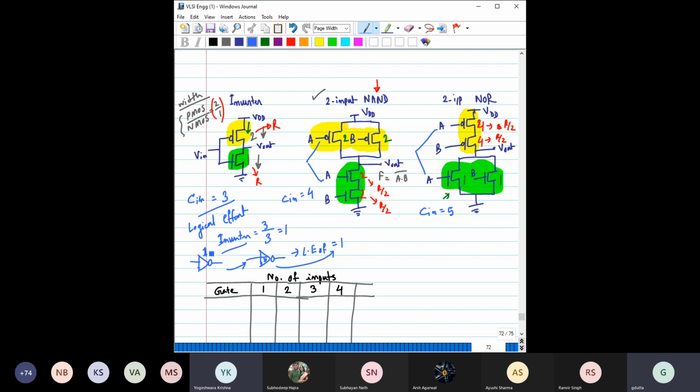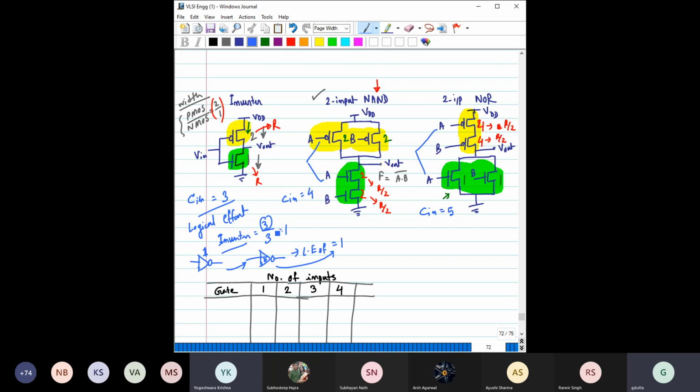So this unit inverter also has to be multiplied by 5 so that you will get similar driving capability. So that again makes this ratio the same, right? The input capacitance of this gate and of this gate would become the same. So it becomes 3 into 5, 15, and for this case it becomes 3 into 5, 15. So it is 15 by 15, it will become equal to 1, right?